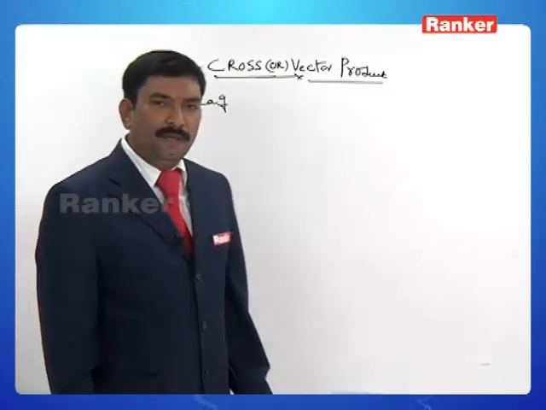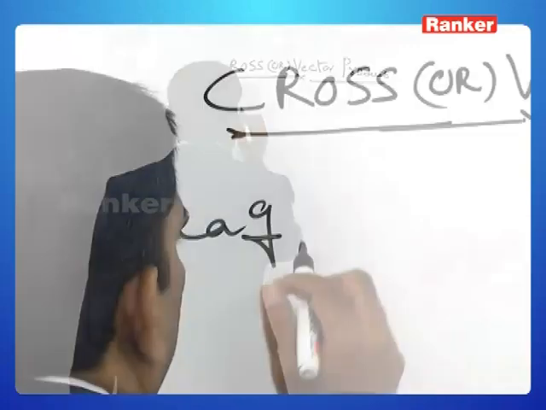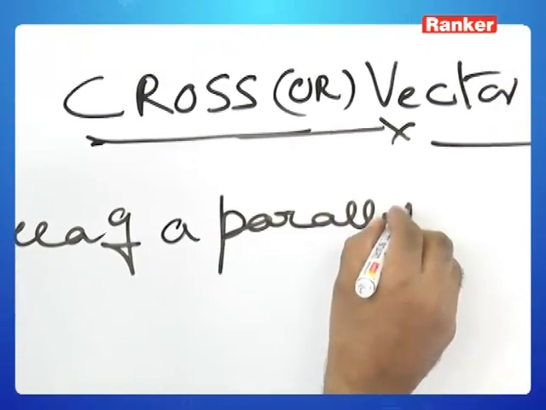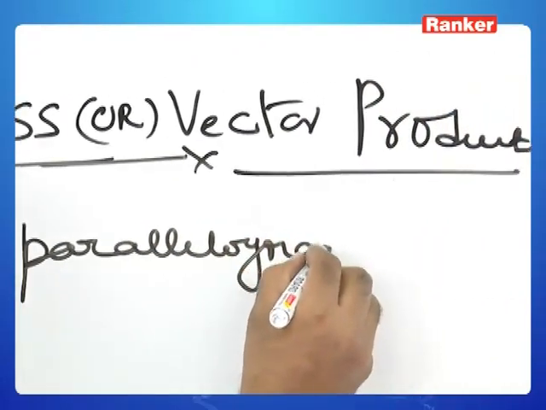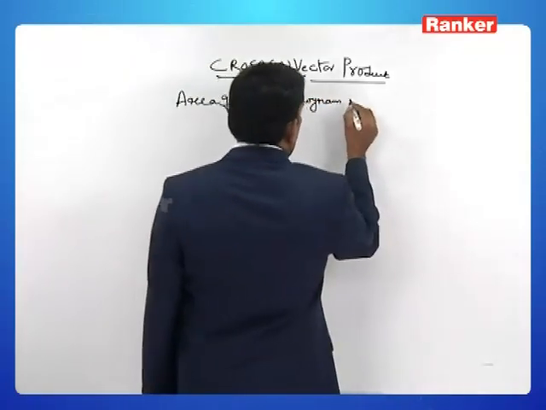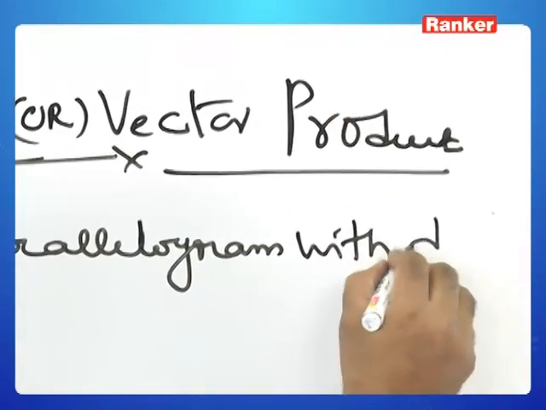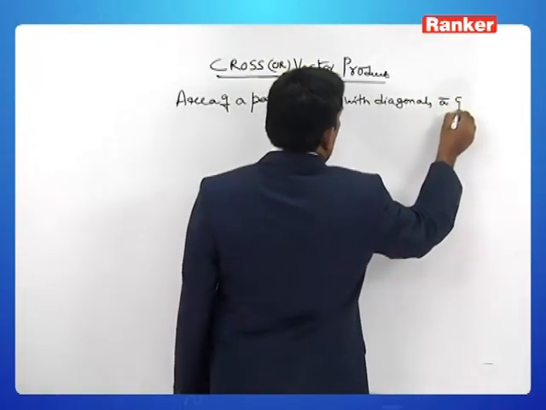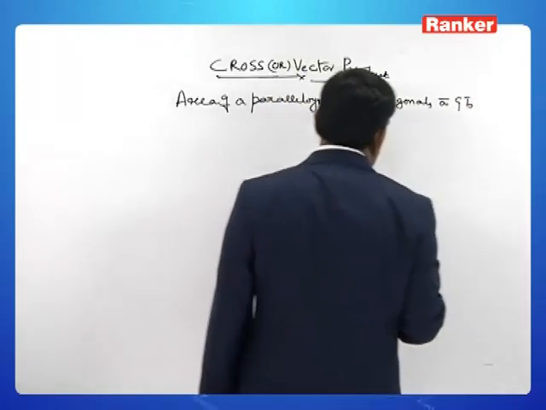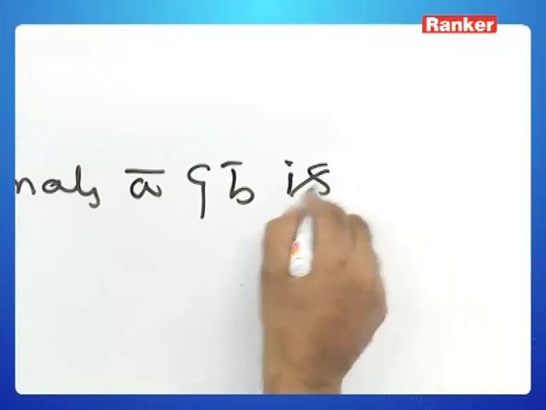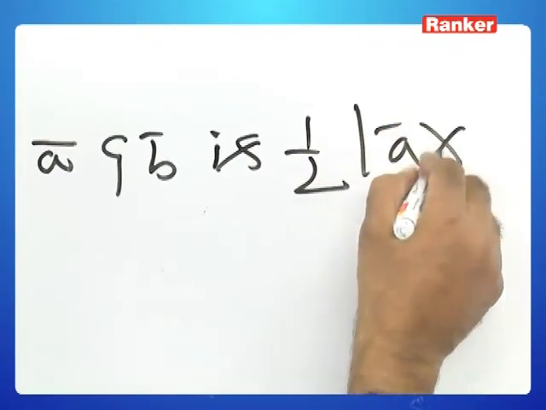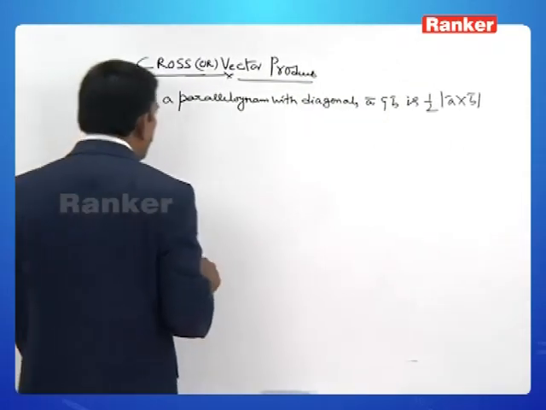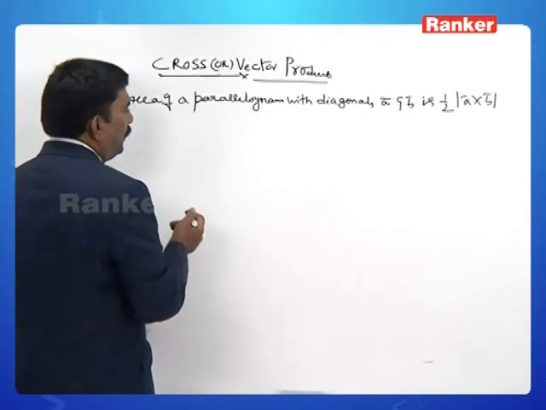The area of a parallelogram with diagonals A bar and B bar is half into modulus of A bar cross B bar.